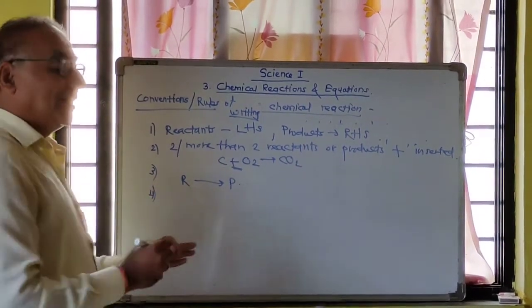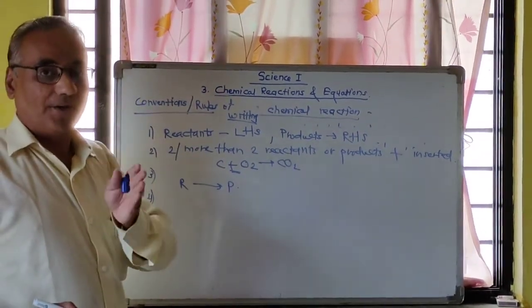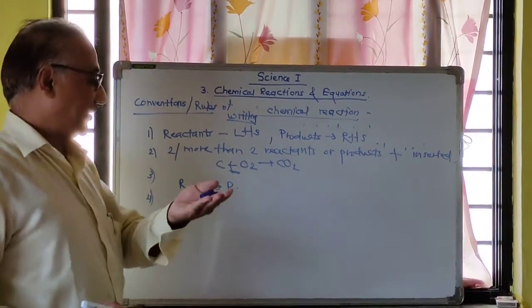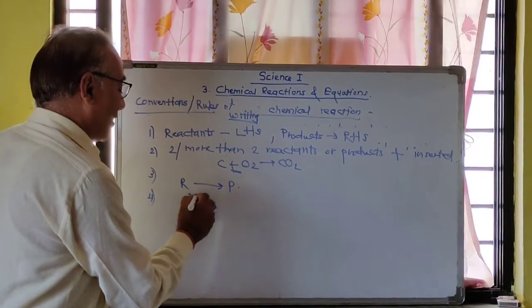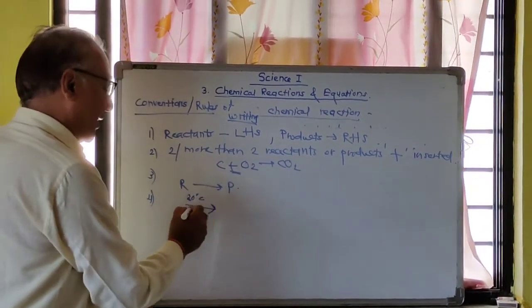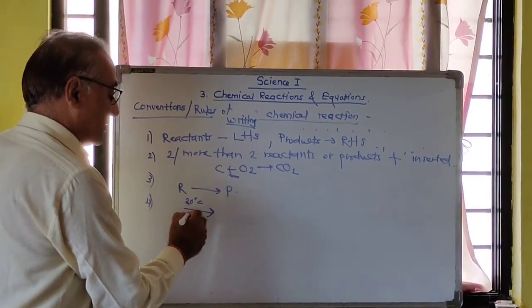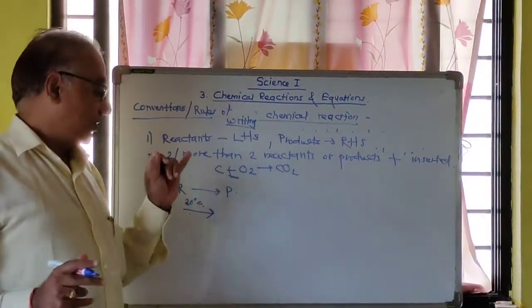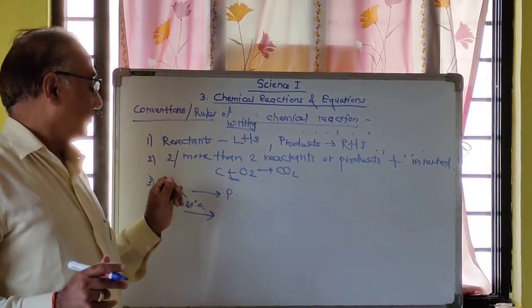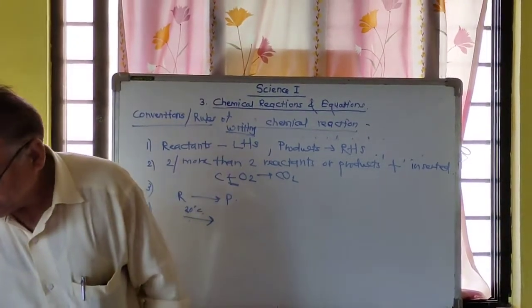Fourth one, if there are certain conditions of temperature, pressure or catalyst, they must be indicated above that arrow. For example, temperature is like this, right? Name of the catalyst is like this. It is indicated above the arrow which is drawn from the reactant to the product side.